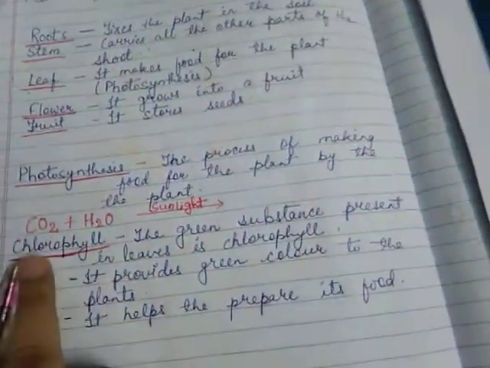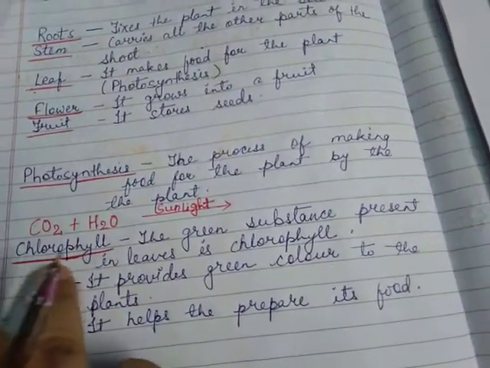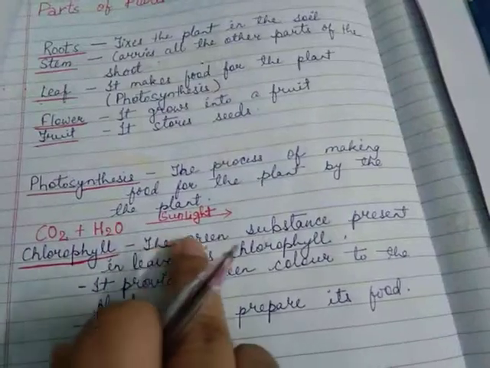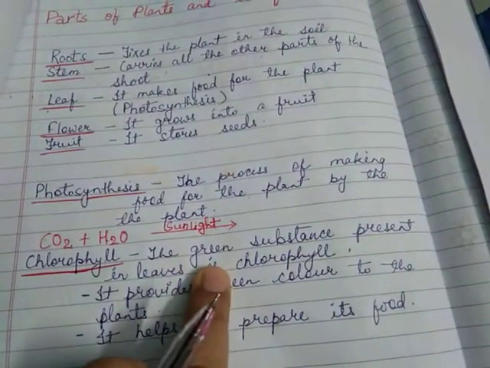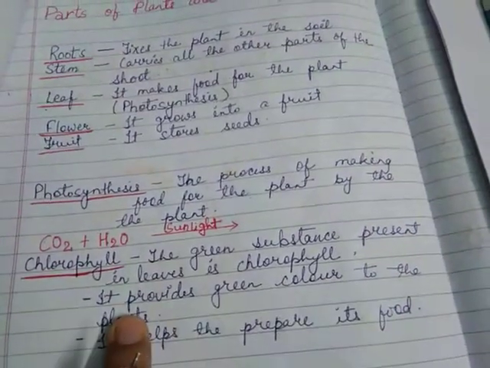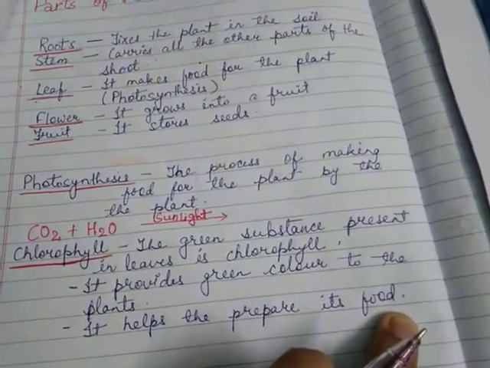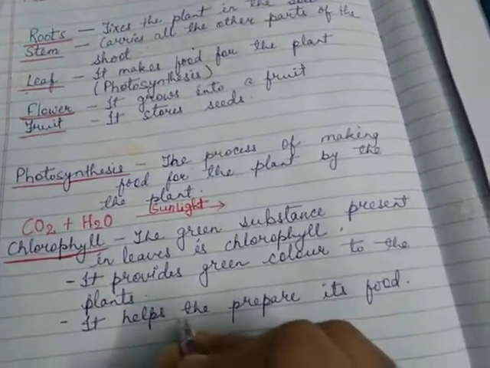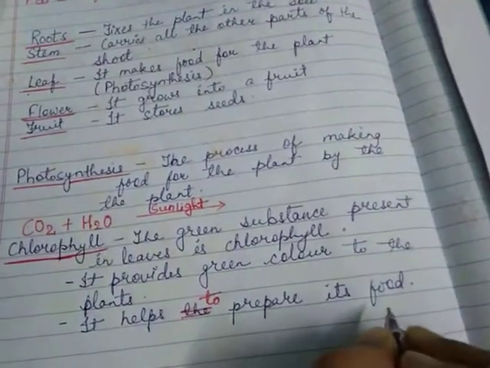And this chlorophyll, you can see, I have written here. Chlorophyll is a green colored substance present in leaves. It gives green color to the plants and helps to prepare food for the plant.